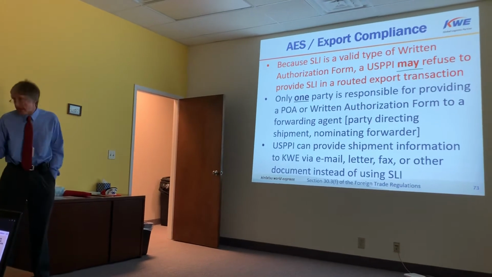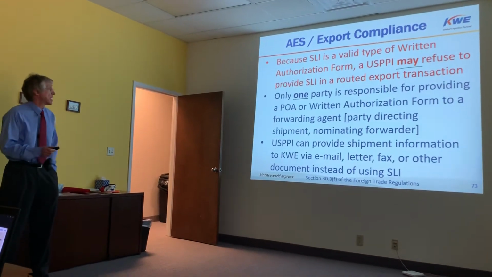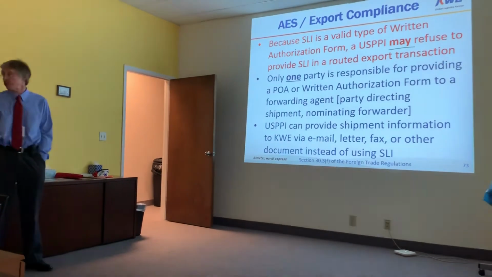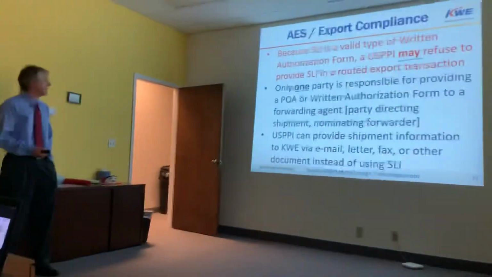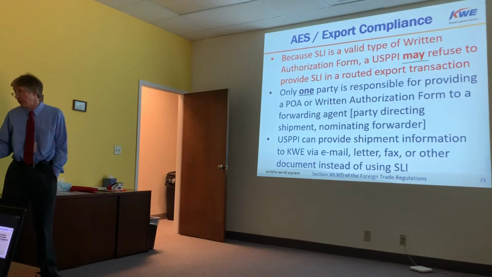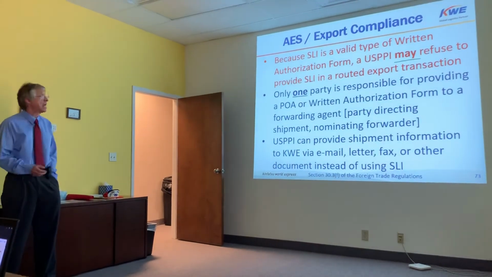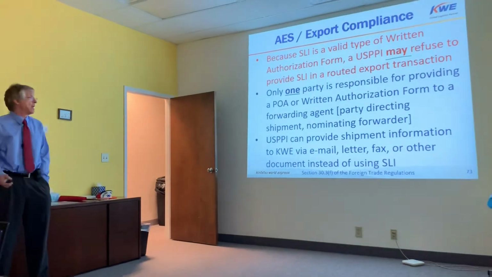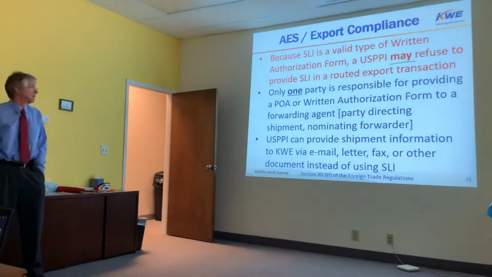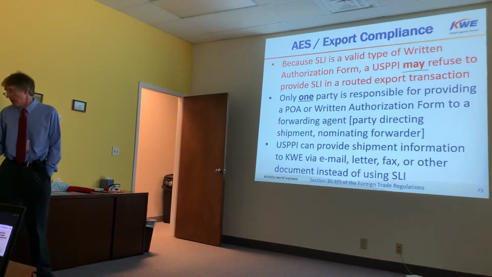So you need to keep that in mind and understand too that the shipper, your customer, can provide you with the information that you need to enter into AES in another format. An email, a letter or fax. They don't have to give you an SLI.